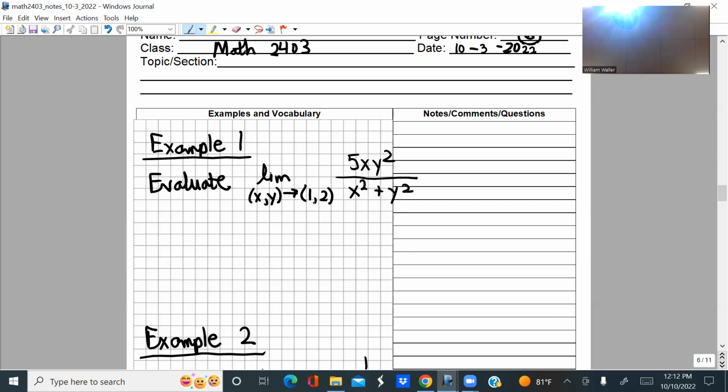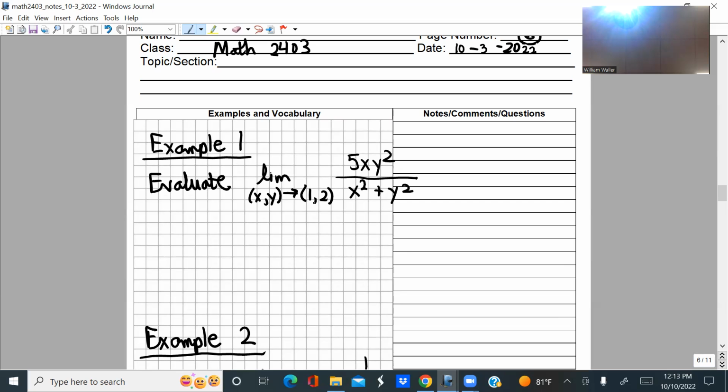Well, in calculus 1, how do you often evaluate limits? You don't have to think about it too much. What would you just do to evaluate the limit in a calculus 1 class?